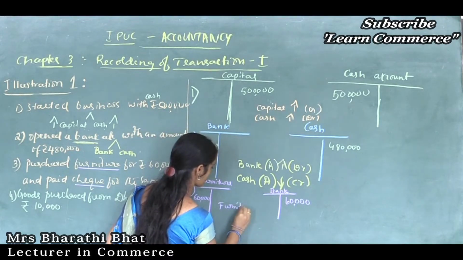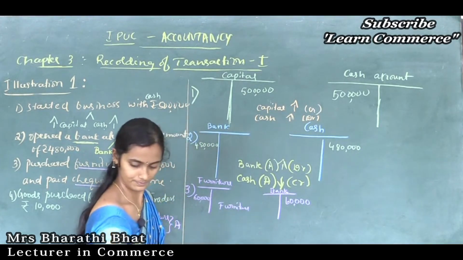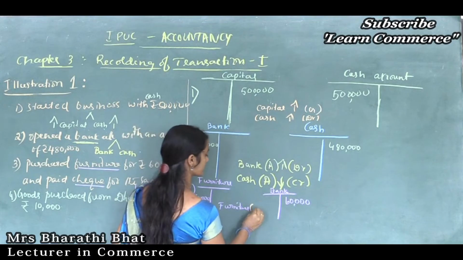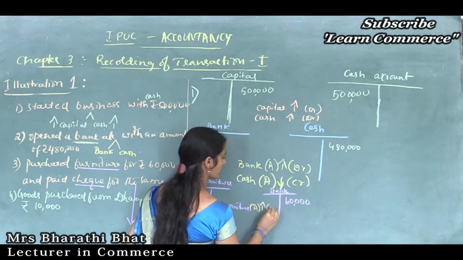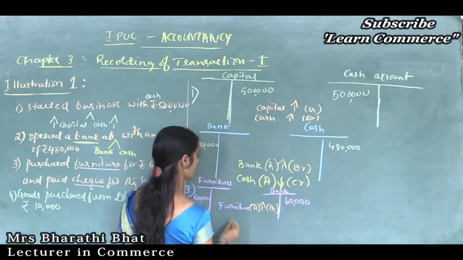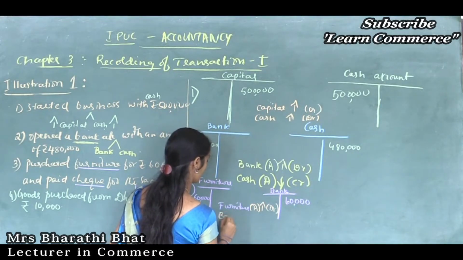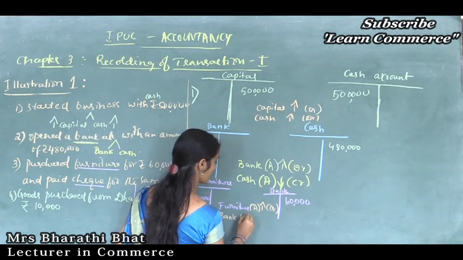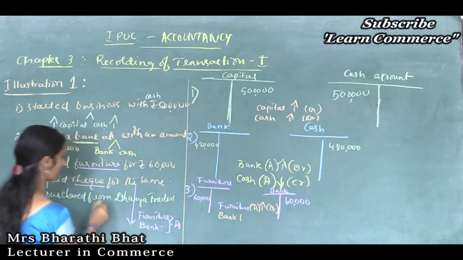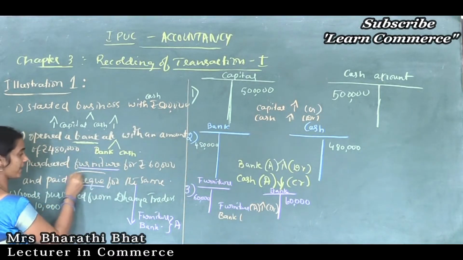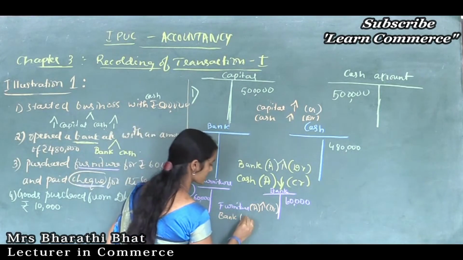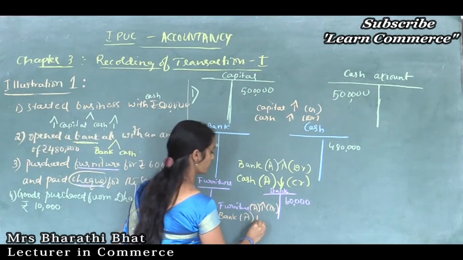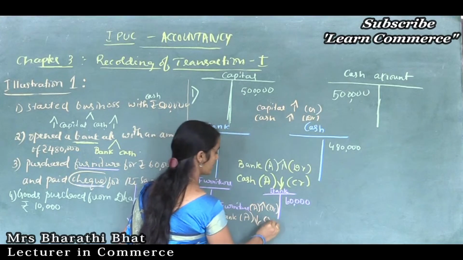So here let's see the two accounts. Furniture is considered as an asset. Furniture is increased, so increase in asset is to be debited. And the next one is bank. Why did the bank come here? Because we paid a check. So bank is also considered an asset, so decreases in asset is to be credited.